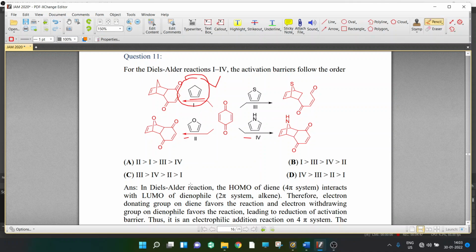So let us look at it. Either we will have option C or option D, because for both of them we have 1 as the lowest activation barrier. Now let us look between 2, 3 and 4. In 2 we have furan, this is thiophene, and this is pyrrole. Now if you look at aromaticity, furan is least aromatic.